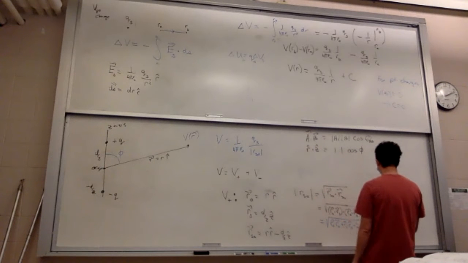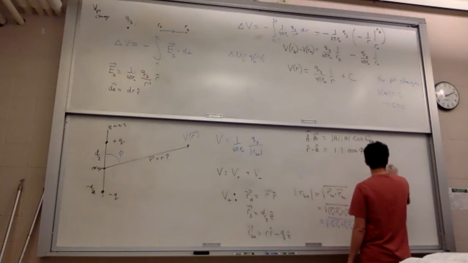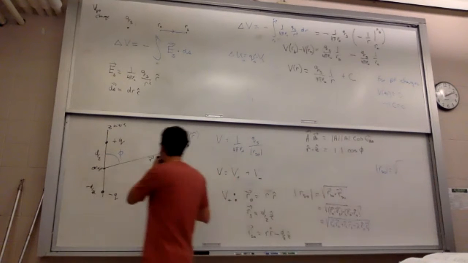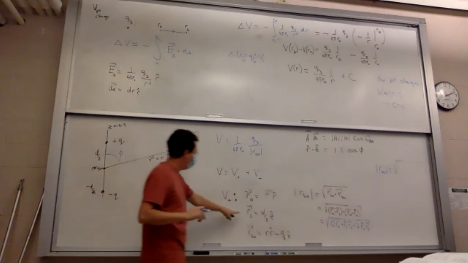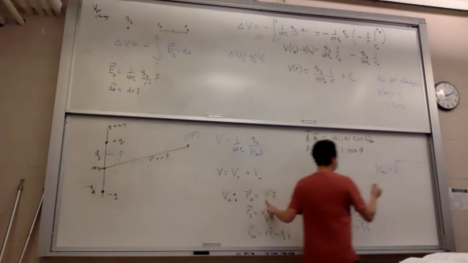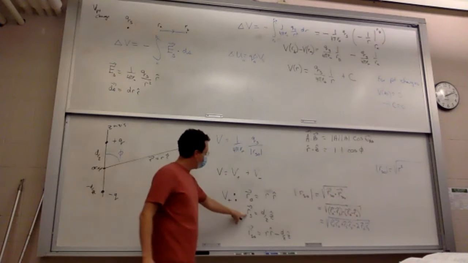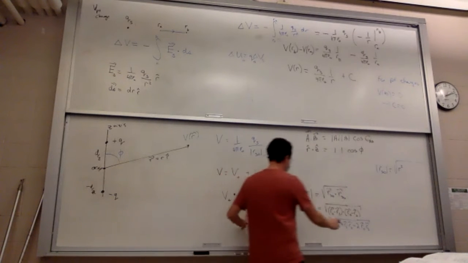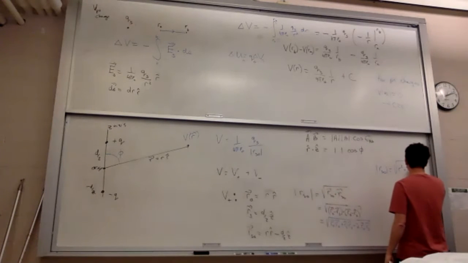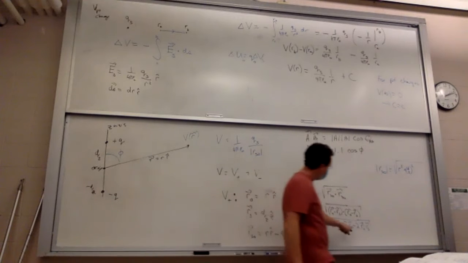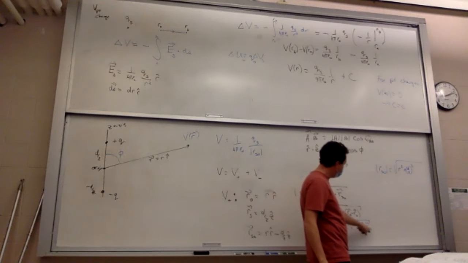RSO has a magnitude of the square root of RO squared, which is just R squared, plus RS squared, which is D over 2 squared, and then minus 2 RO dot RS.